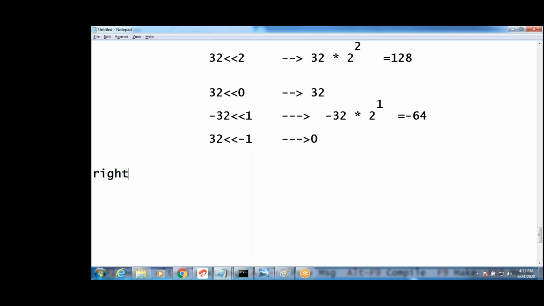Right shift we will discuss. What is the shortcut for right shift? 32 right shift 1.